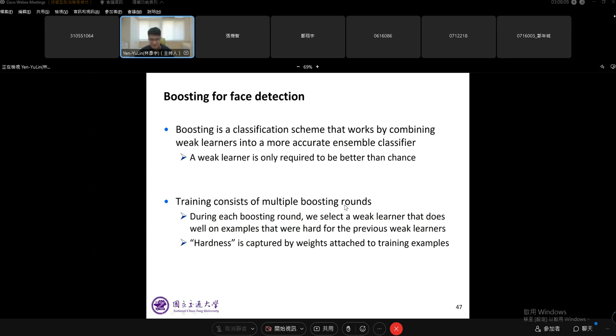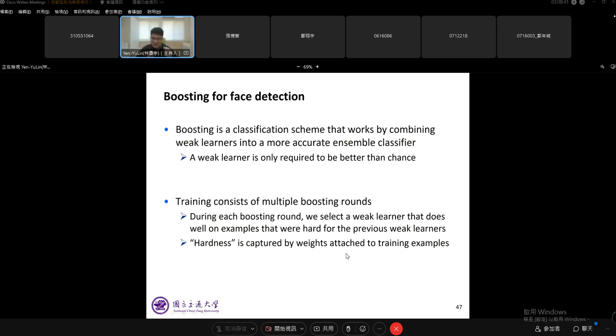So it is an iterative optimization process. During each iteration, we select one weak learner that does well on the examples that were hard for the previous weak learner, and the hardness is captured by weights attached to the training examples. Actually, this property has been explained in the previous two sessions.